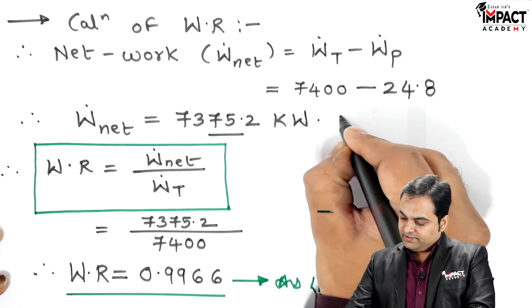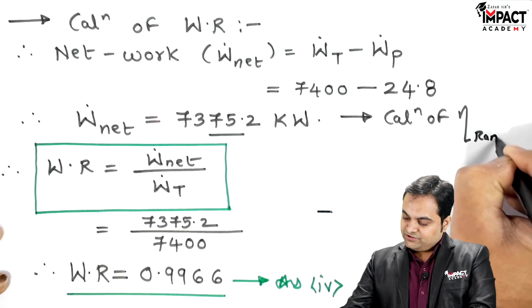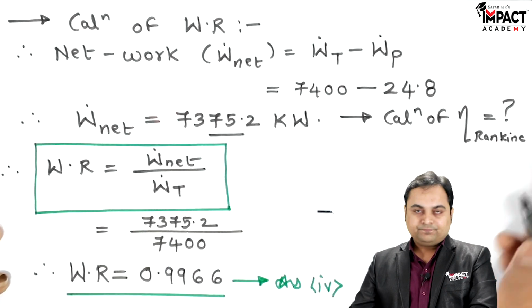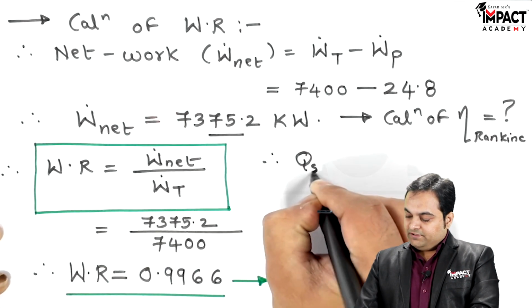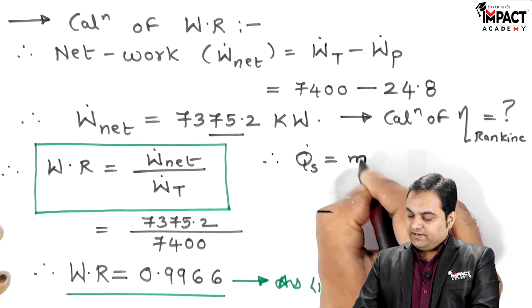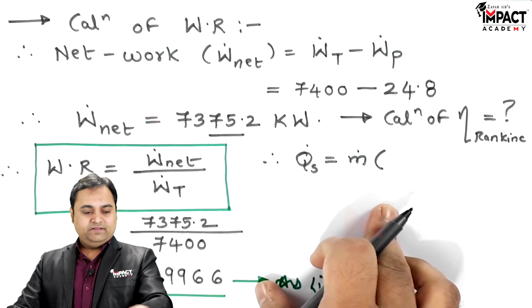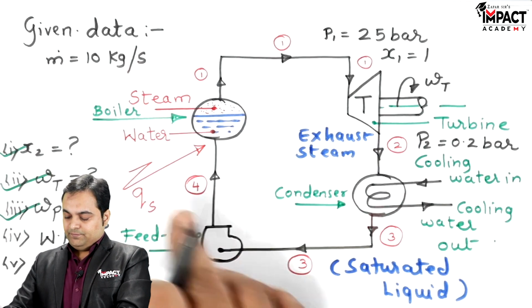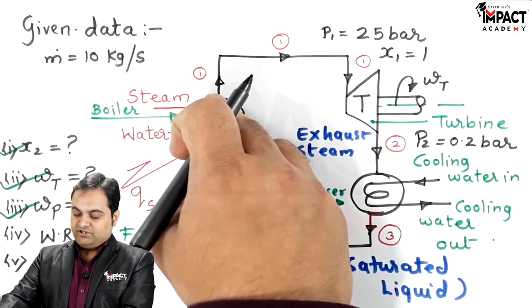So therefore calculation of Rankine efficiency, for that we need the heat supplied. So therefore I can say that the amount of heat supplied in terms of kilowatt is m dot, mass flow rate of steam, into heat supplied in the boiler. As we can see from the setup, the water enters the boiler at point 4 and it becomes steam at point number 1.